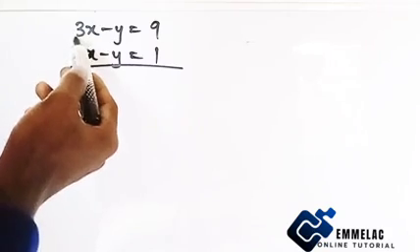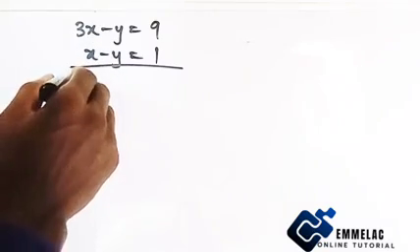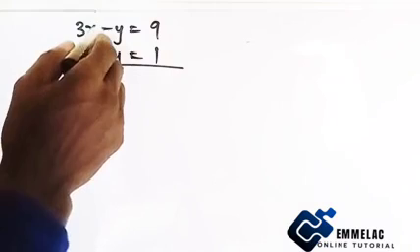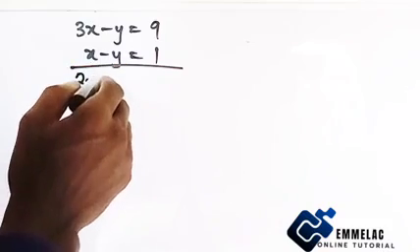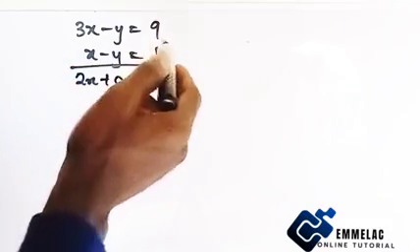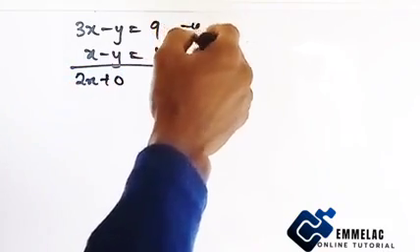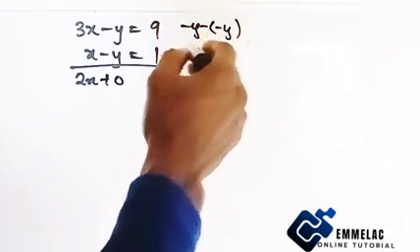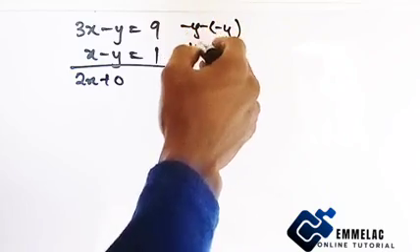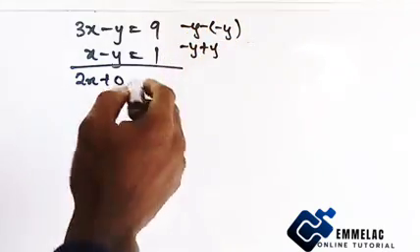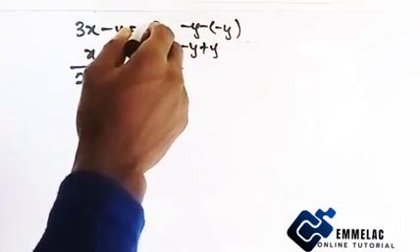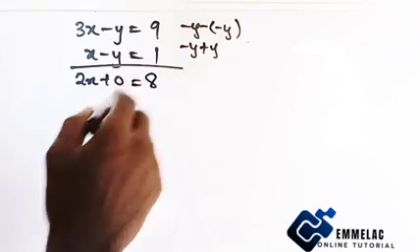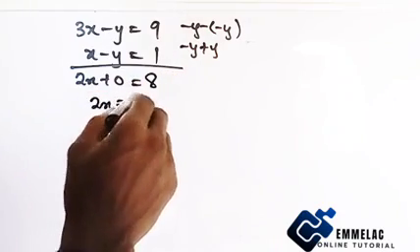Now 3x minus x here will give us 2x. Now minus y minus minus y will give us 0. You may ask, minus times minus gives plus. So here you have 9 minus 1, here we have 8. So here we have 2x equals 8.